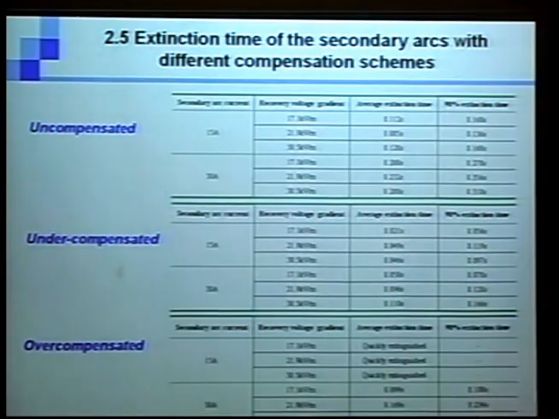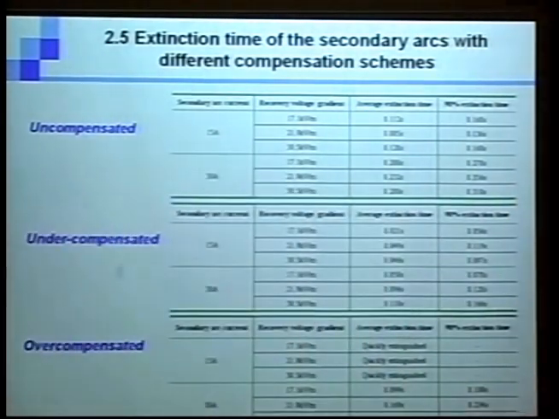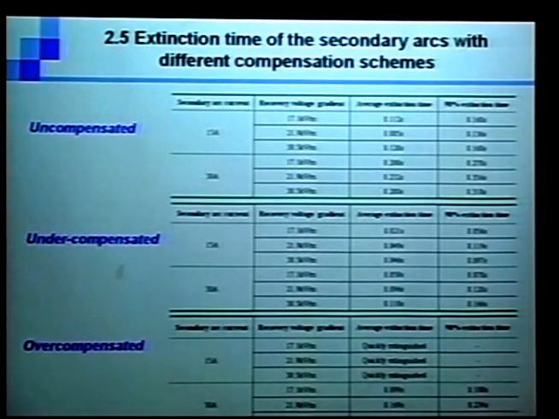Now with the same arc current, 15 amperes and double, 30 amperes, for the two cases. And also we have set the recovery voltage gradient, which means when the arc discharge is extinguished, the recovery voltage will come. It's the steepness, the gradient.